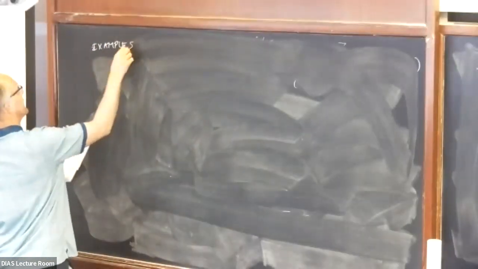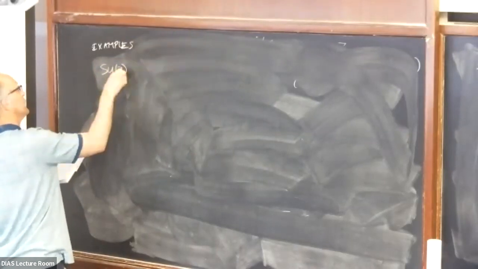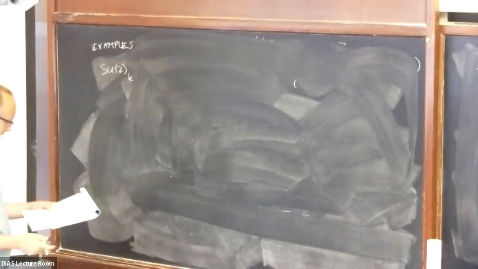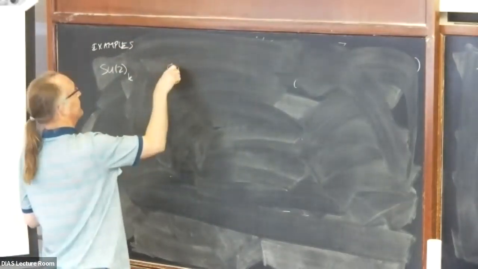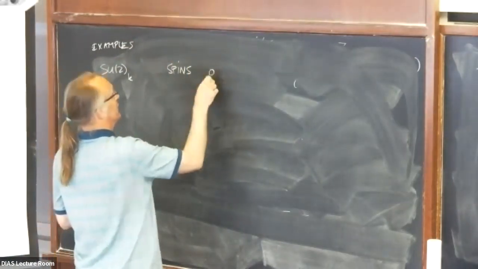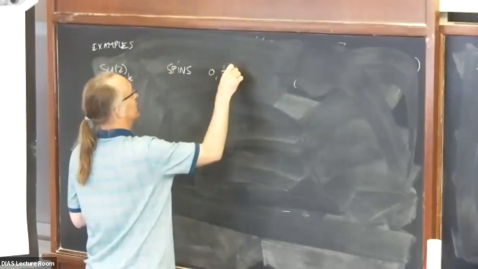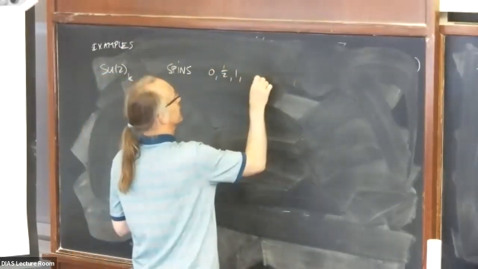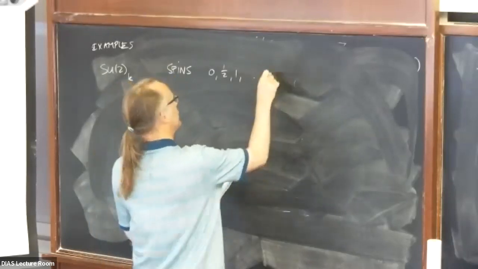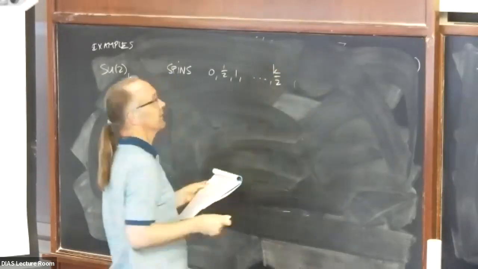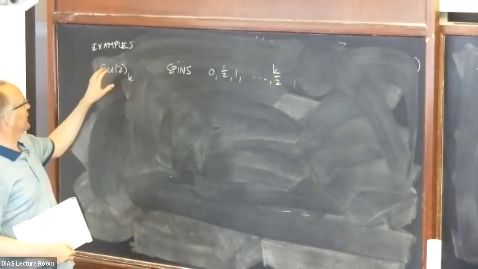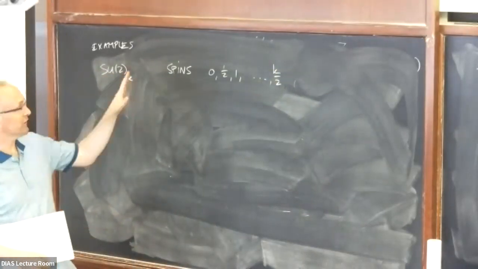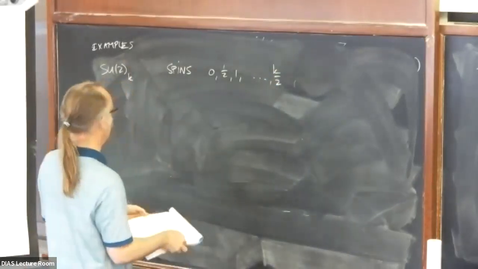So the first one, SU(2) at level K. This is like spins, except we only have spins 0, 1/2, 1, etc., up to spin K over 2. And it's a level K. It's also connected to a Chern-Simons theory where this K plays a role, but it's unimportant for us at the moment.